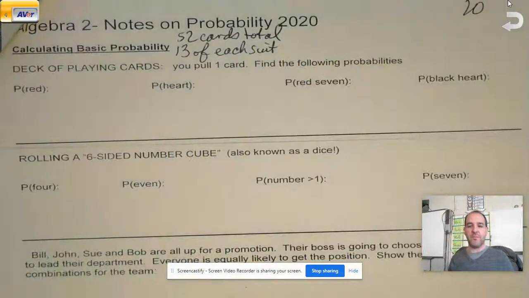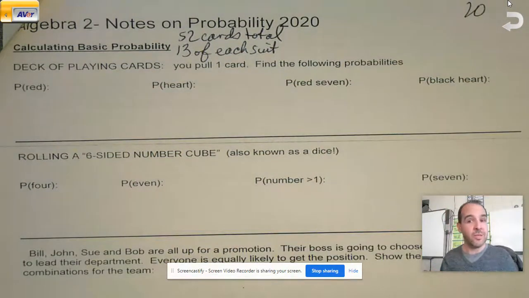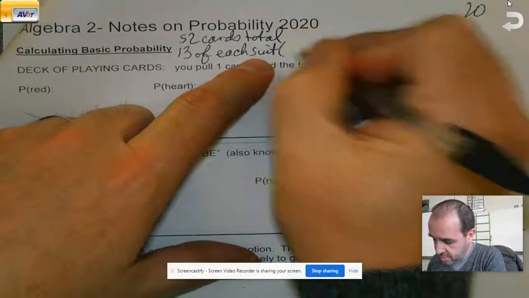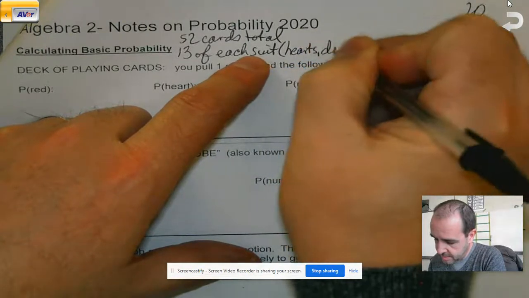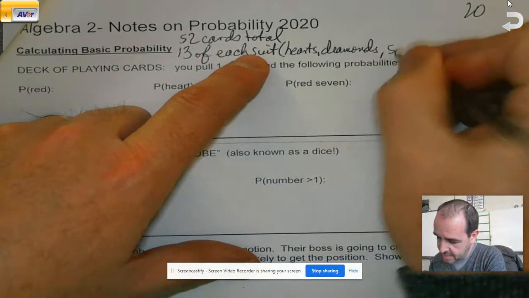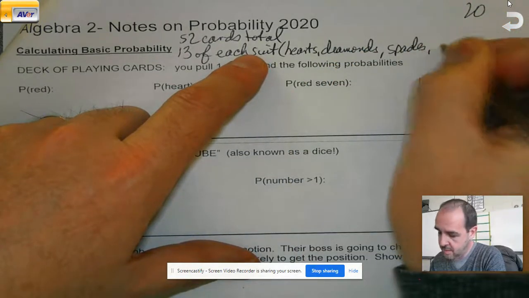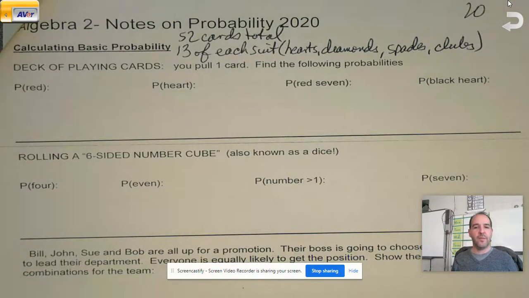Now, a suit is the shapes that you see on there. So there's hearts, diamonds, spades, and clubs. So there's 13 of each one of those.